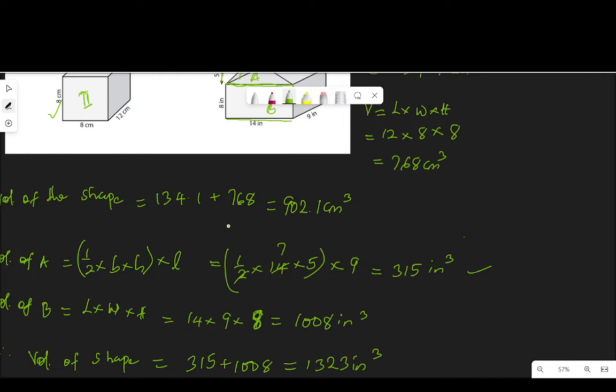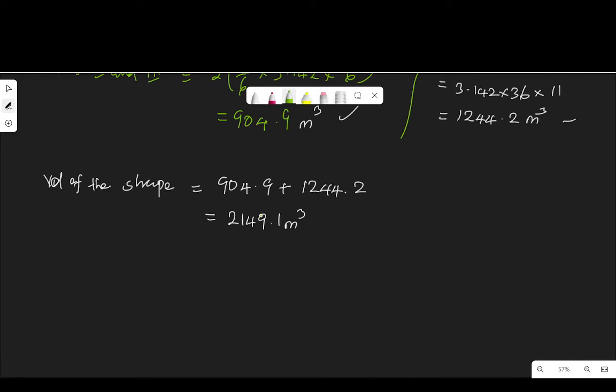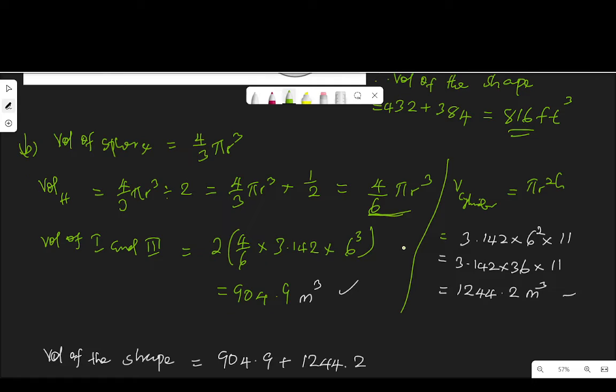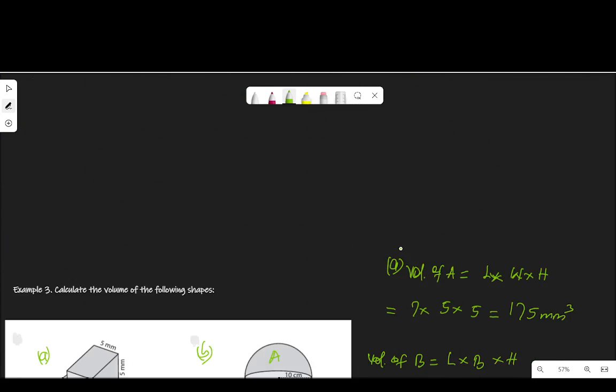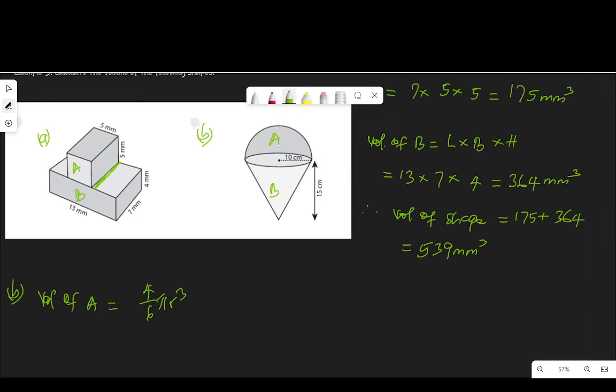Let's go back there and refresh our memory. This is the volume of a sphere. Half of a sphere is called a hemisphere. The volume of a hemisphere is 4 over 6 pi r cube. So 4 over 6 pi r cube is the volume of this hemisphere right here on top of the cone.